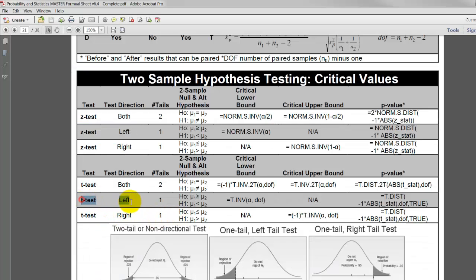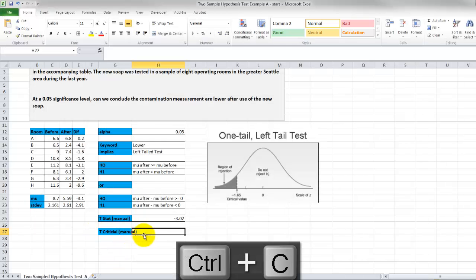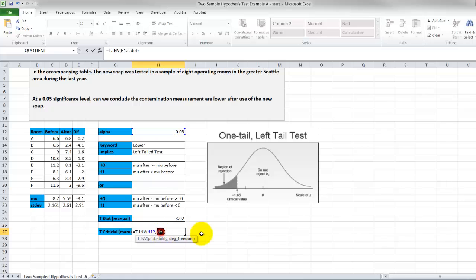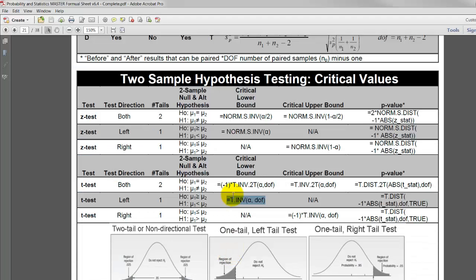So let's look for the t-stat left. Our critical value is going to be this formula. Let's go back and calculate that. Alpha is going to be equal to 5%. And degrees of freedom. Well, let's hold off on that just yet and go ahead and hit enter with putting this into a text form.